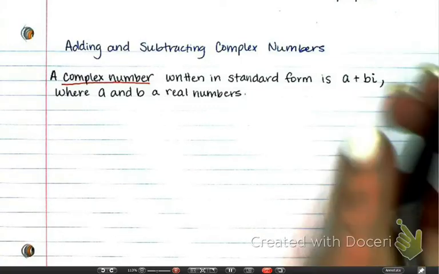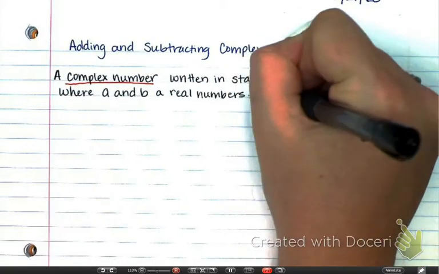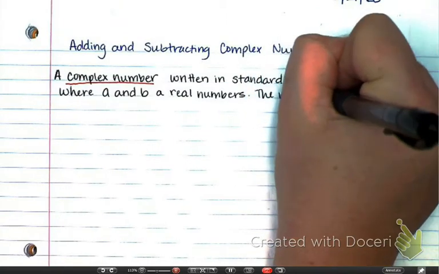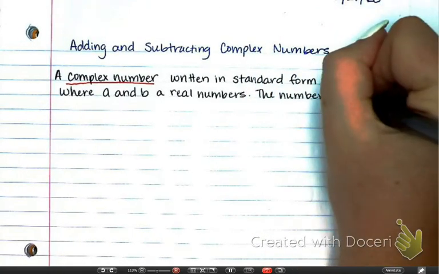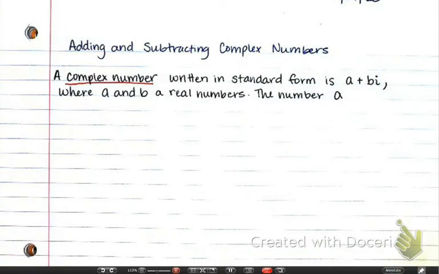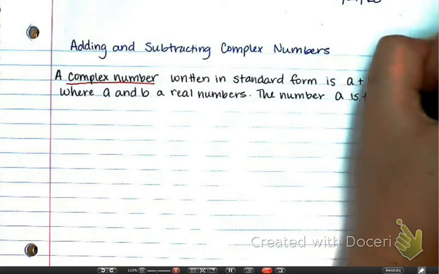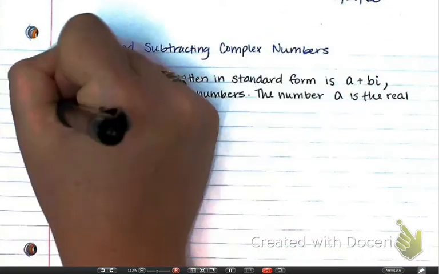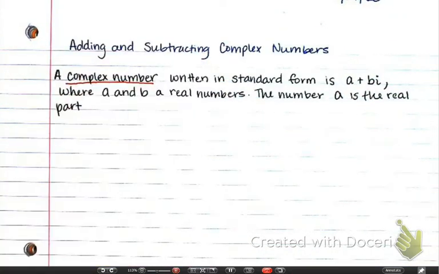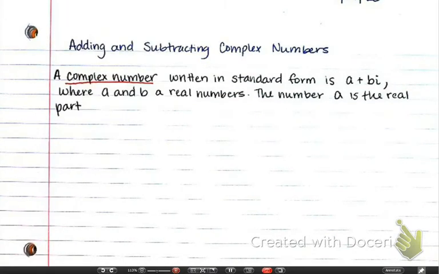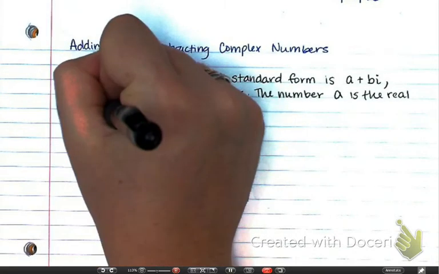I'm going to add a little more. The number A, whatever that number is, is the real part of the complex number.